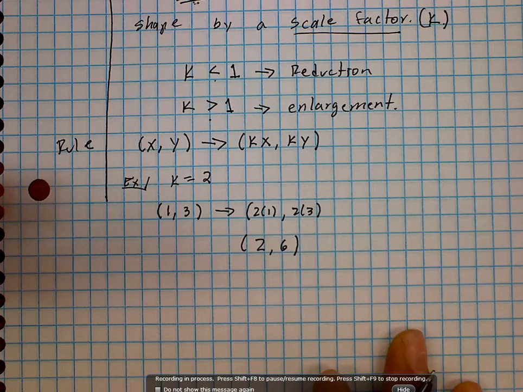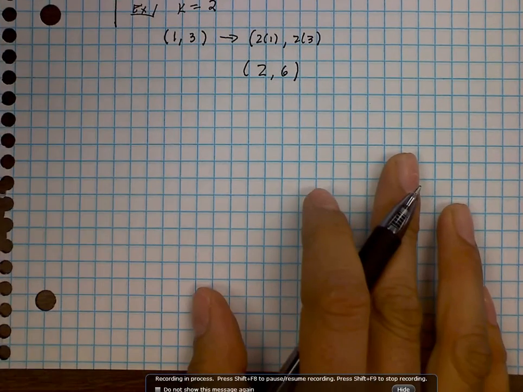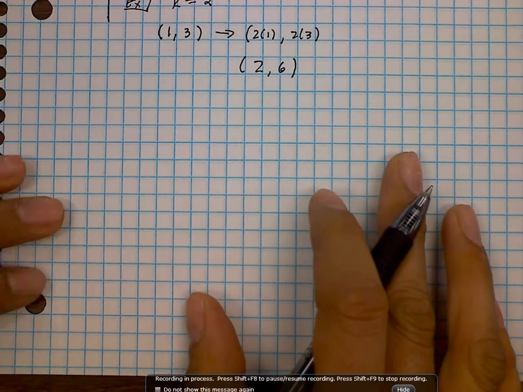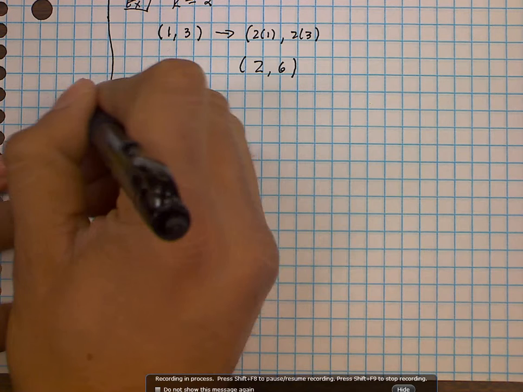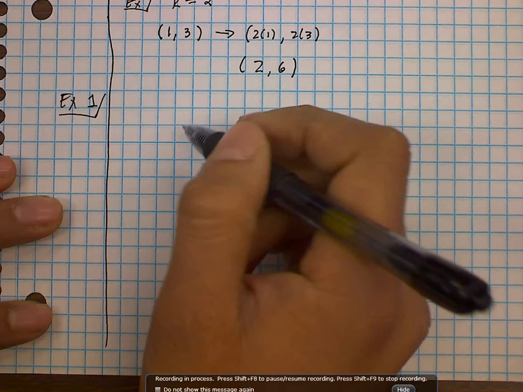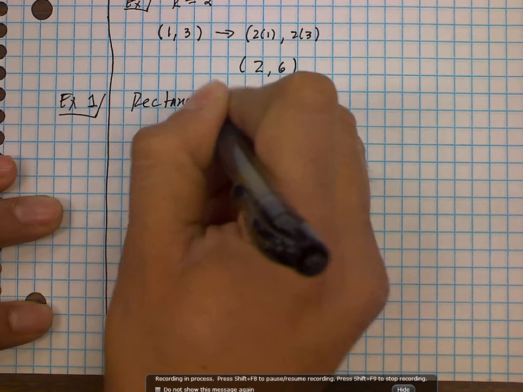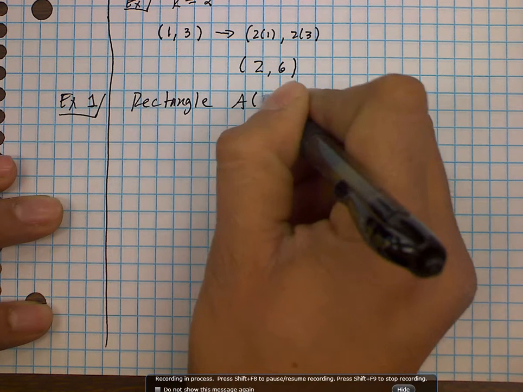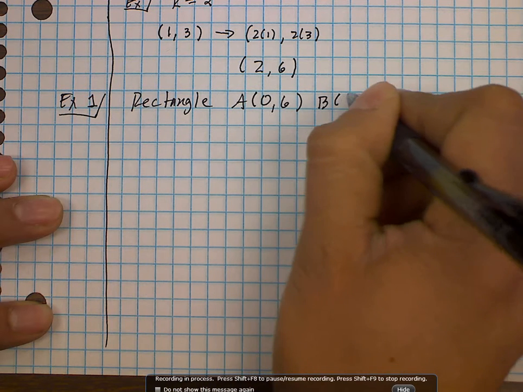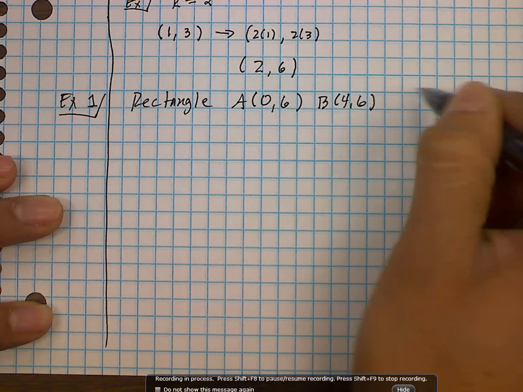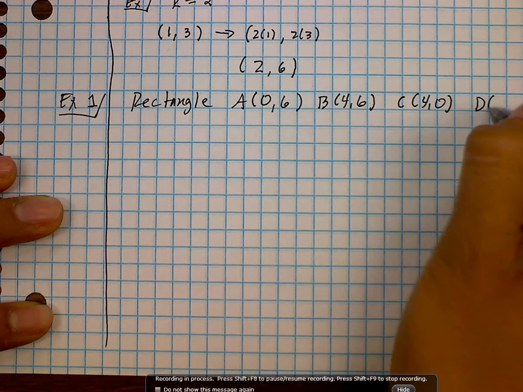Now let's actually do a real example where we have to plot points and apply the dilation. Example number 1. Let's say I am given a rectangle with the following coordinates. A is at (0, 6), B is at (4, 6), C is at (4, 0), and finally, D is at the origin.